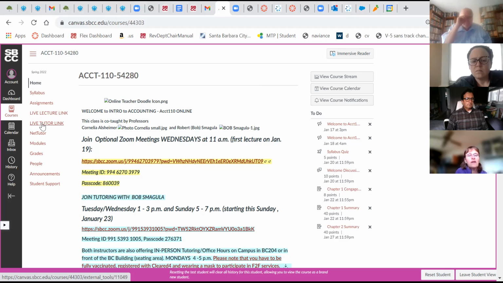Same with the tutor link, but again, on our homepage there's also the link, the meeting ID, and the passcode in case Zoom gives you trouble. And then NetTutor, that is an online service. It's not from my department, but they do have accounting hours. Then the modules page, grades, people, announcements, and student support. These are the most important links, I felt.